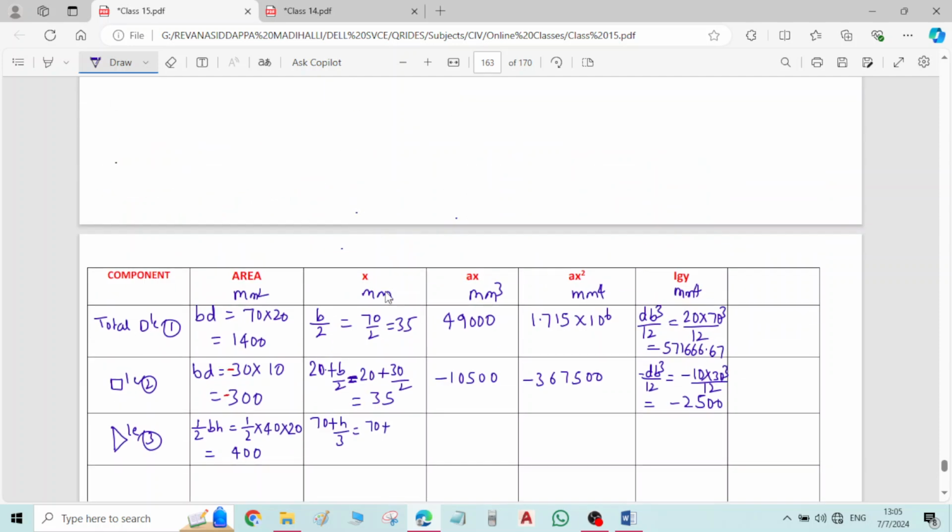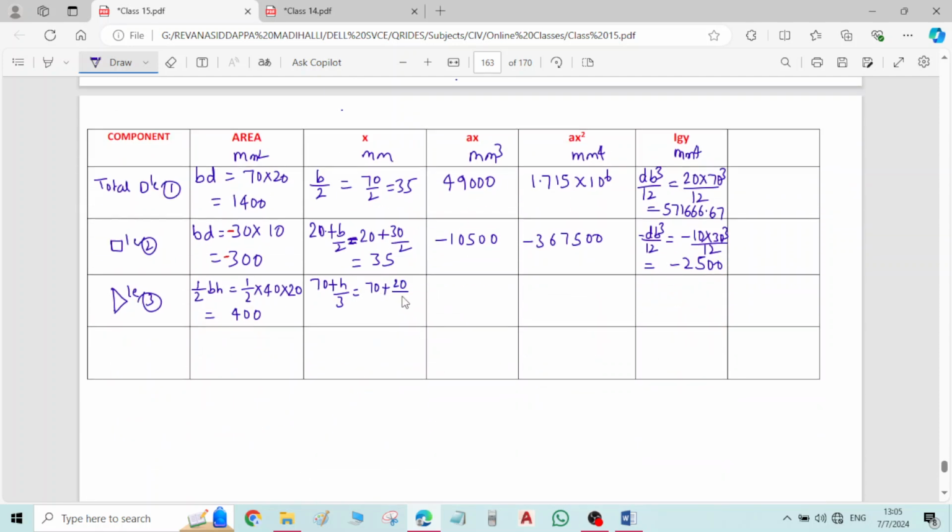That is 70 plus 20 by 3. The answer is 76.67.